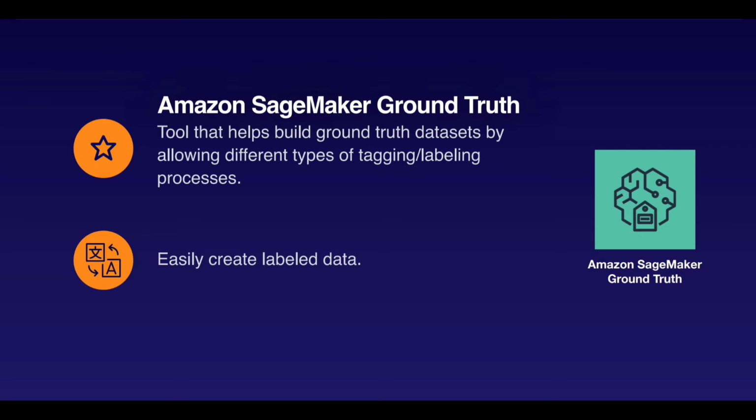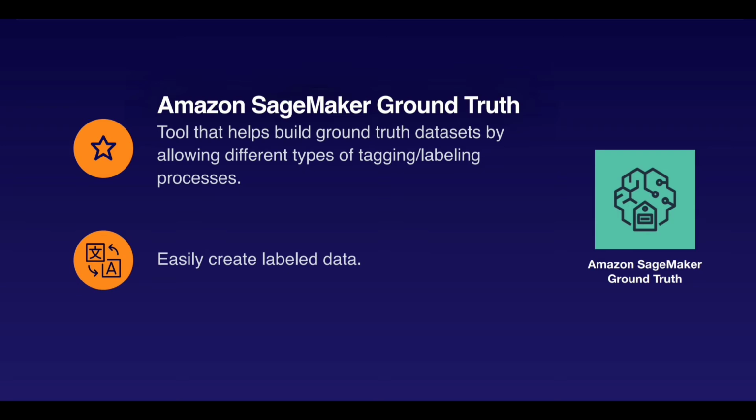Now in a later chapter, we will talk about another tool that is integrated directly with SageMaker Ground Truth that allows us to have real humans label our data sets. It's called Amazon Mechanical Turk, and it gives you a really cool lesson on where the term actually comes from.